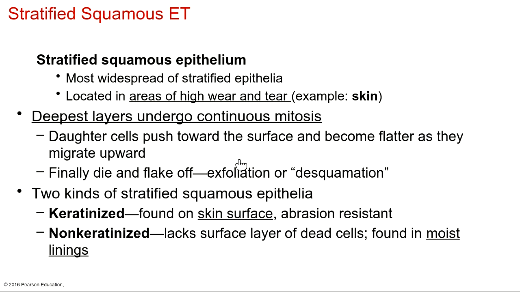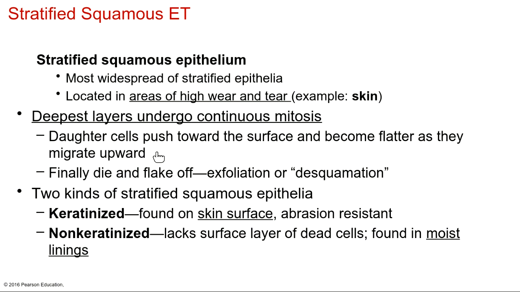So stratified, you're going to find this in areas of high wear and tear. A great example is the skin. I already mentioned how deeper layers, especially of the skin here, are going to undergo continuous cell division, or mitosis. And so the new cells that are formed are going to push upwards towards the superficial surface, or the apical surface of the epithelial tissue, pushing off other cells.